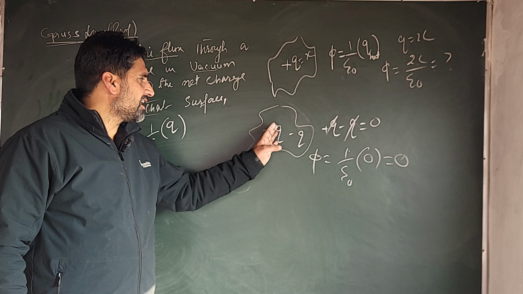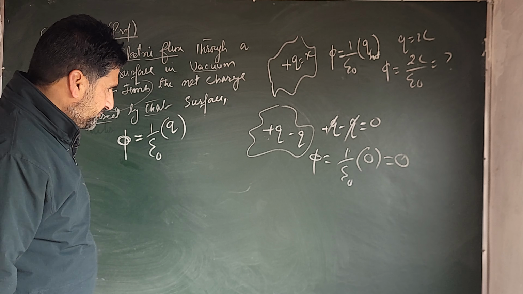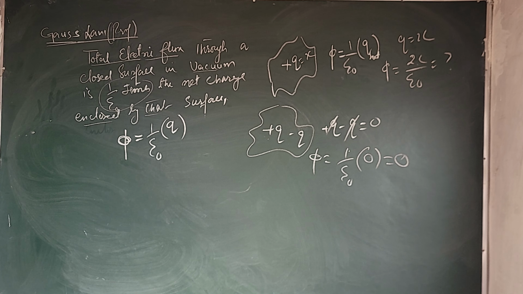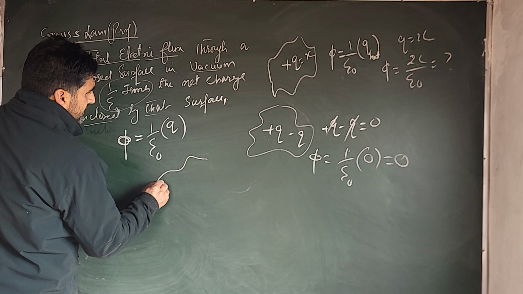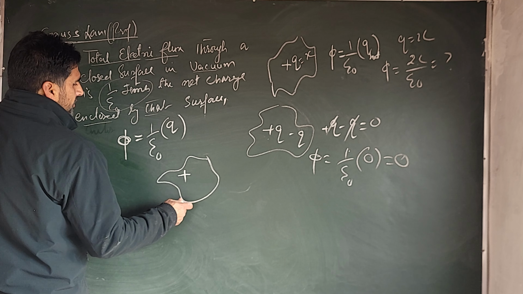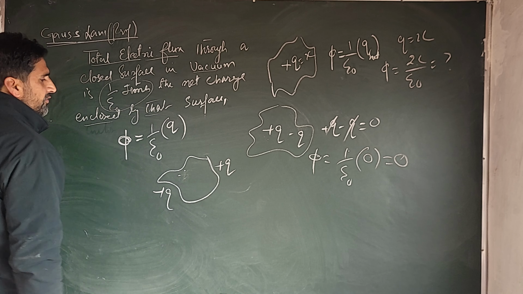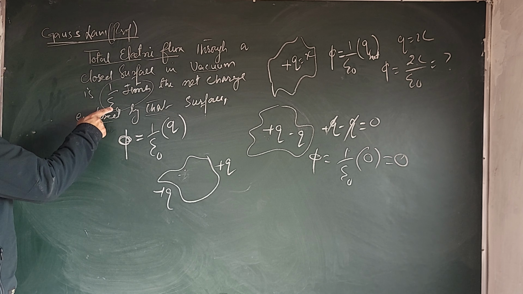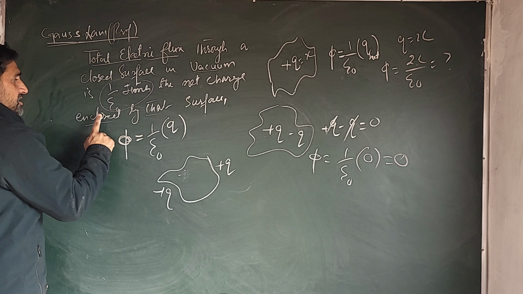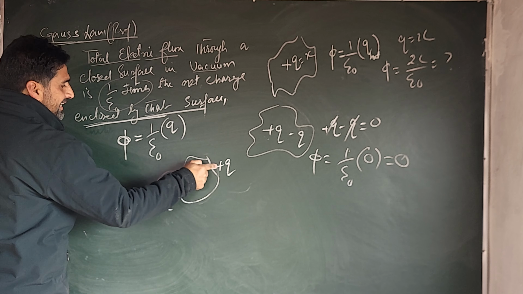So you need to have a charge imbalance inside, or you need to have a charge inside a system, inside a closed body. Suppose another example: I have a charge plus Q here and plus Q here. What will be the flux? As per the statement, the net charge enclosed by that surface, this surface is not containing any charge.